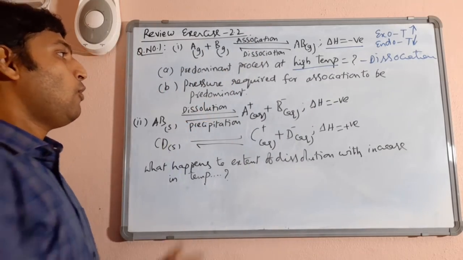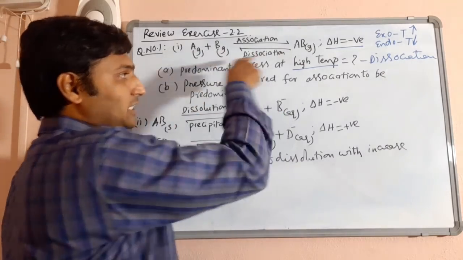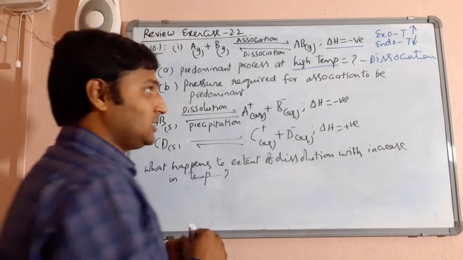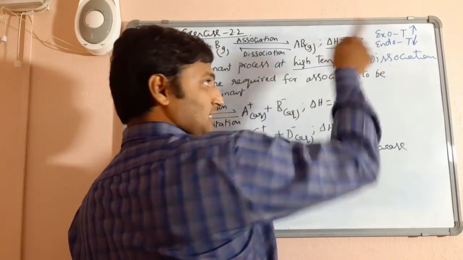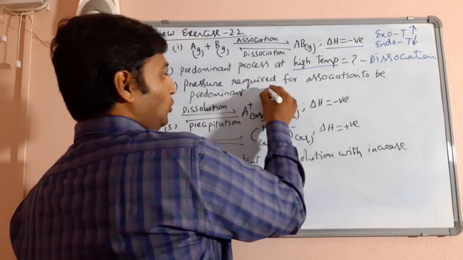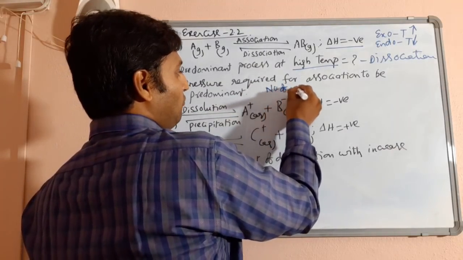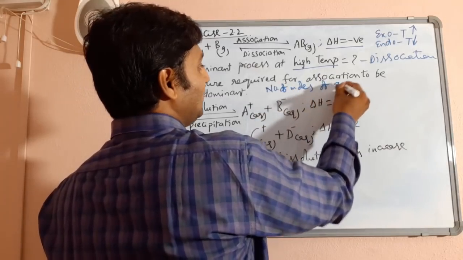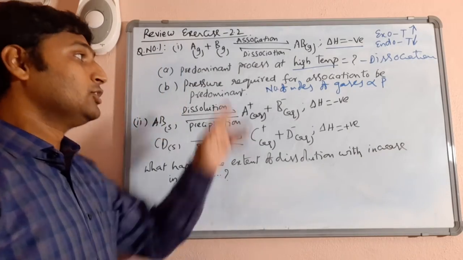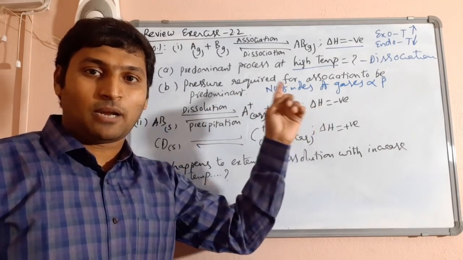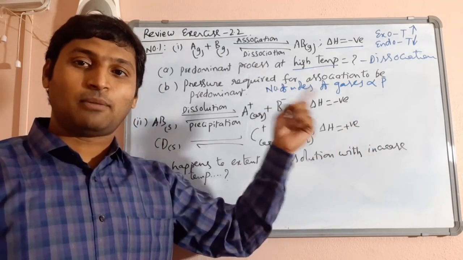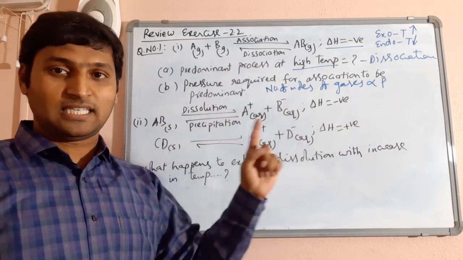Now coming to, what is the pressure required for association to be predominant? When we are thinking of temperature, you think whether it is exothermic or endothermic. When you are worrying about pressure, you worry about number of moles of gases. Pressure is directly proportional to number of moles of gases. So in whichever direction number of moles of gases is increasing, pressure is increasing. In whichever direction number of moles of gases is decreasing, pressure is decreasing.